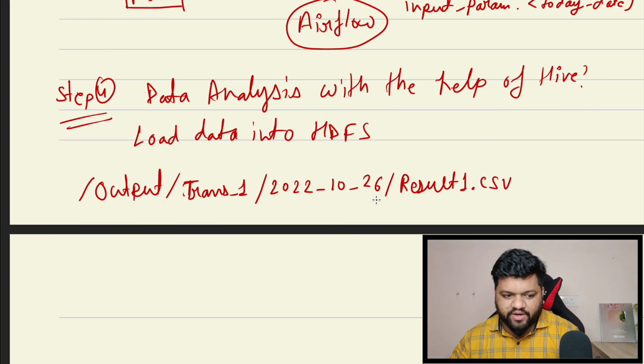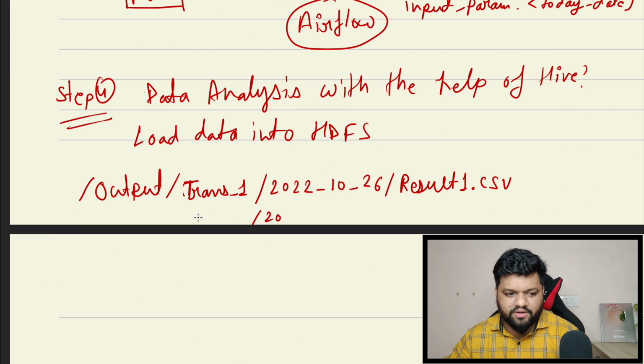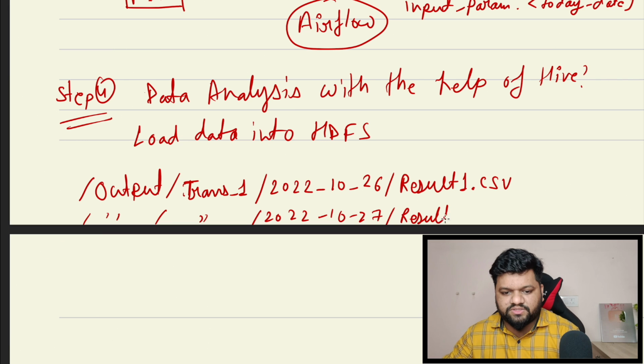If at any point of time you locate your position at this one, that means you are getting the transformed data for the 26th of October only, right? So that's how multiple structures will be here, even for just transformation 1. It will be 2022_10_27, and again here it will be result_1.csv, right?